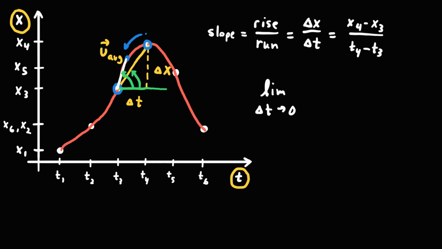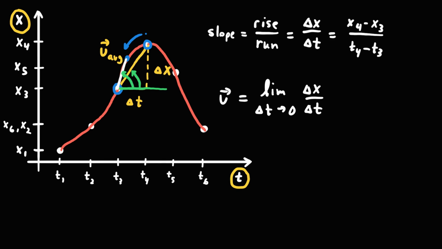So as delta t gets very small, as those 2 points become very close to one another, the limit as delta t approaches 0 of delta x over delta t is exactly equal to a quantity that is not the average velocity, but the instantaneous velocity.